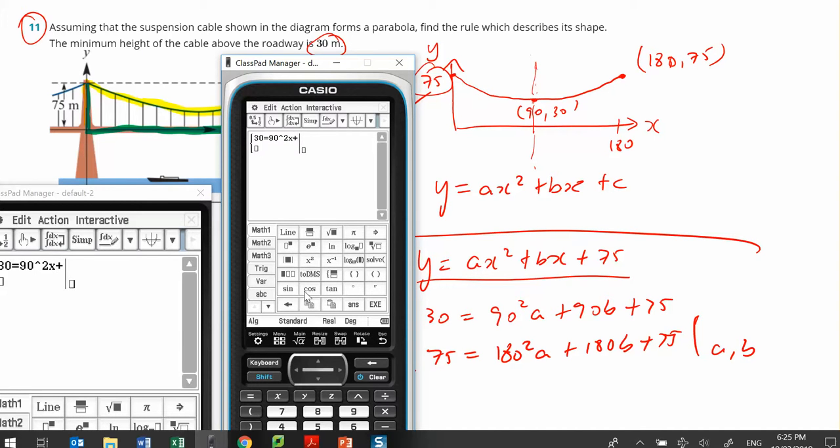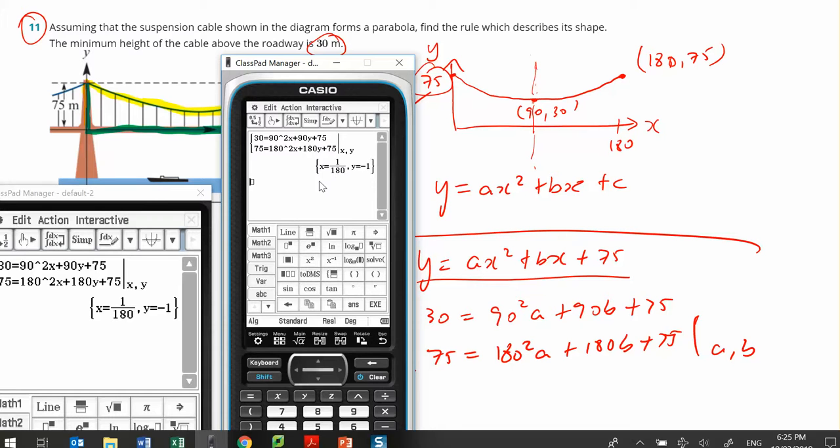I'm going to use x and y just to speed things up instead of A and B. Plus 180x. Don't forget x and y. Double check your working once you've typed it into your calculator, because sometimes while you're typing, you don't know whether you made a mistake or not.